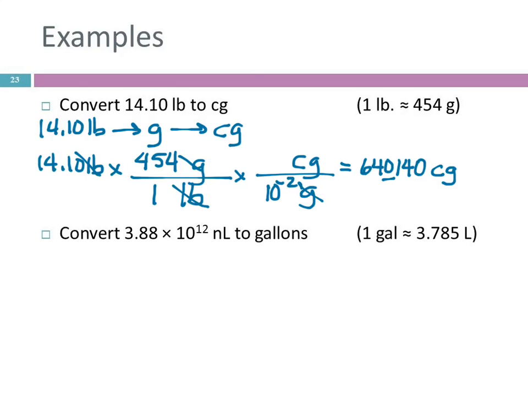We don't want to round that to 640, right? Because it's 640,000. When you round a number, you do not significantly change its value. So, best idea is to put it into scientific notation.